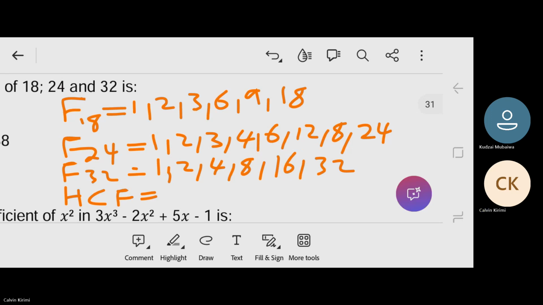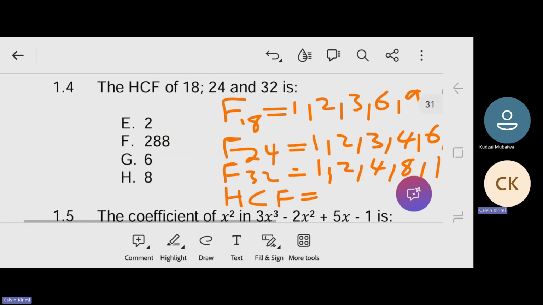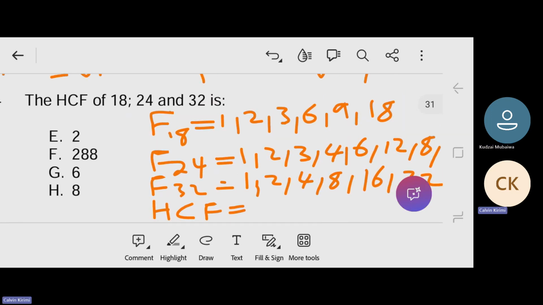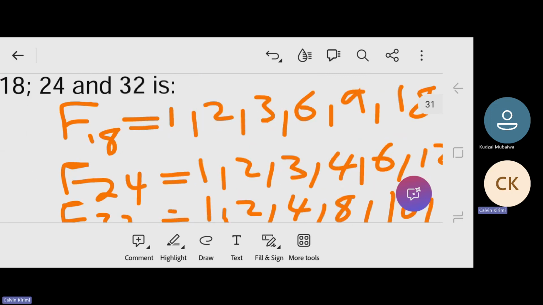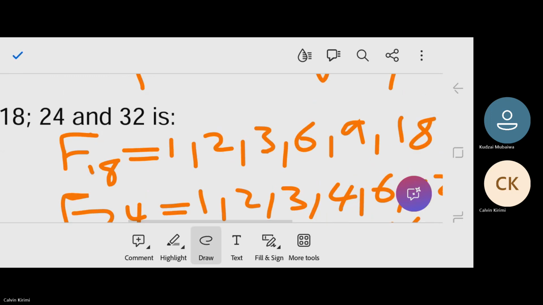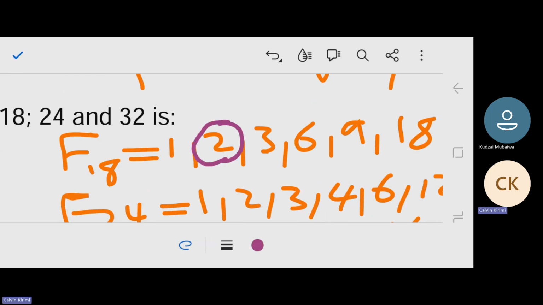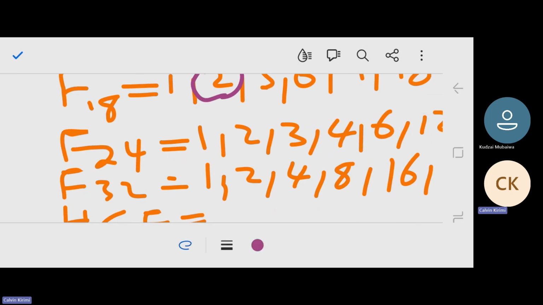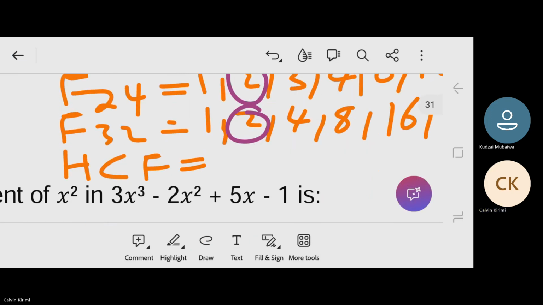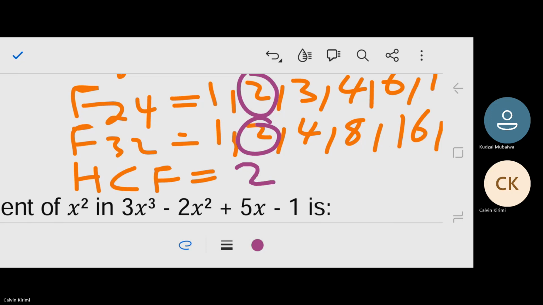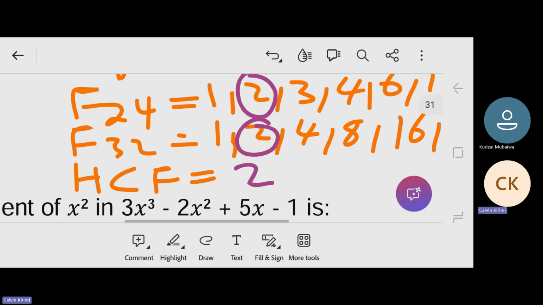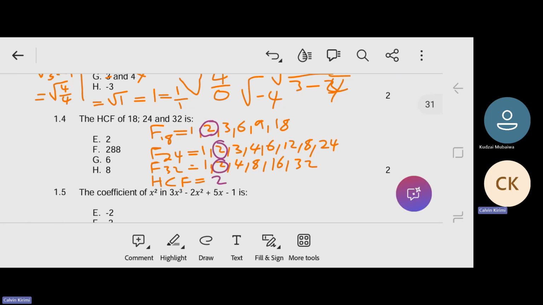That's correct, so the highest common factor has to be 2. 6 cannot work, 8 cannot work, because 8 cannot go into 18. So the highest there is 2. You write your HCF is 2. Any question here? No, sir.